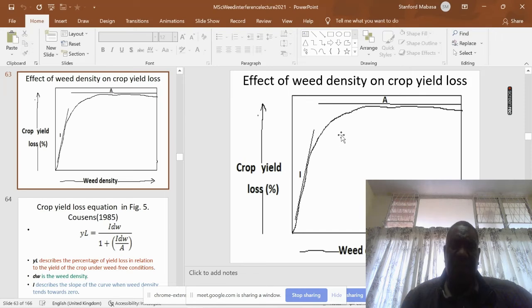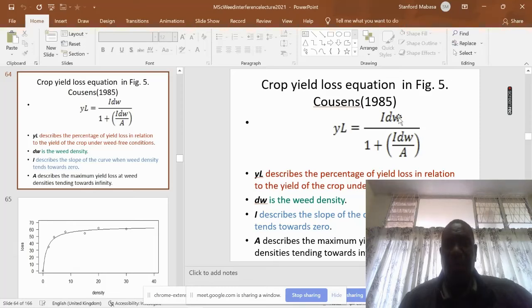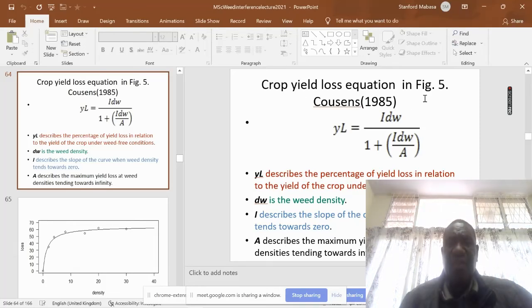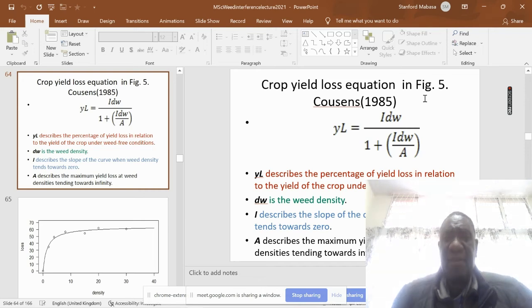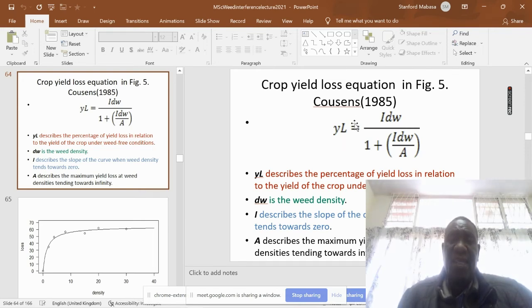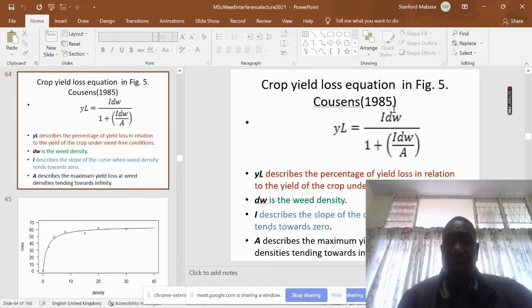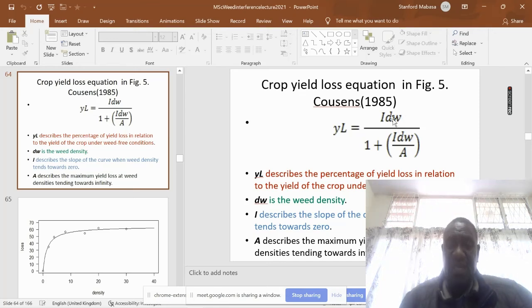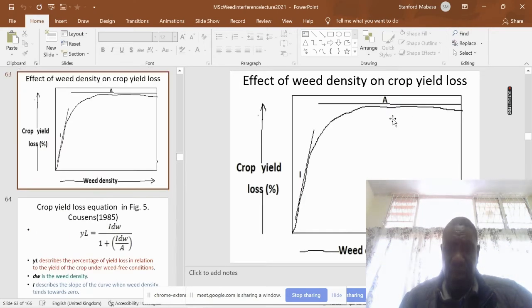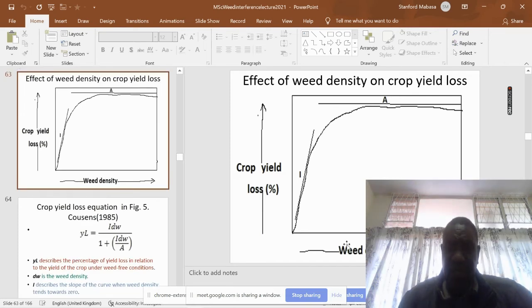Now, this curve can actually be represented by an equation which was proposed by Cousins in 1985. What it says is that yield loss is equal to the slope multiplied by dW, which is the weed density.